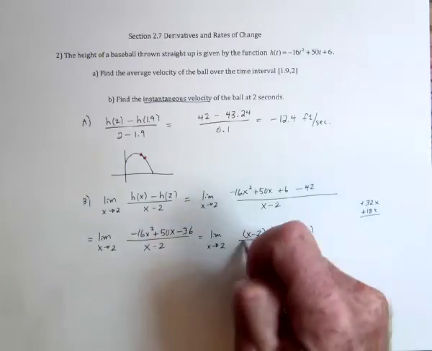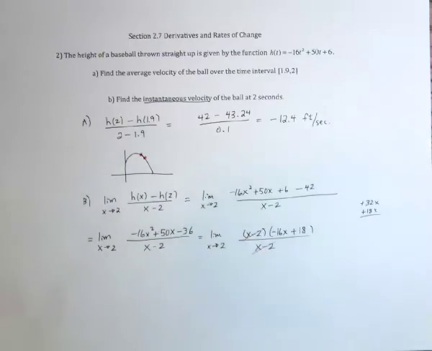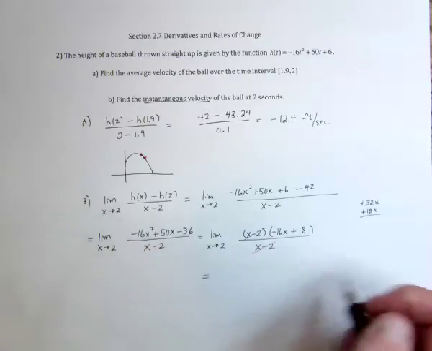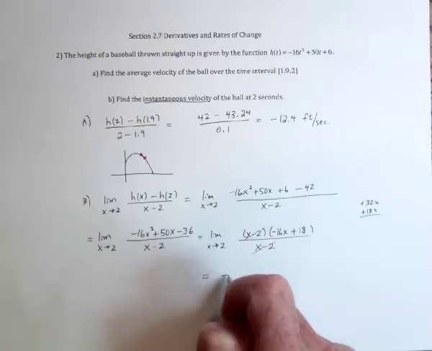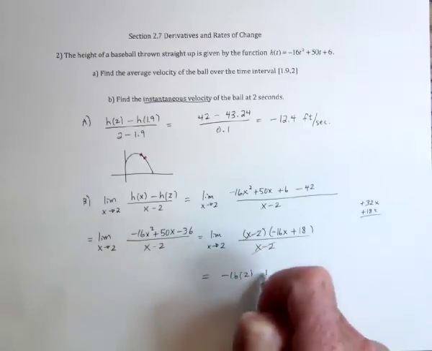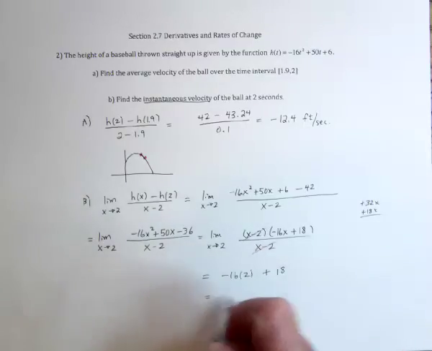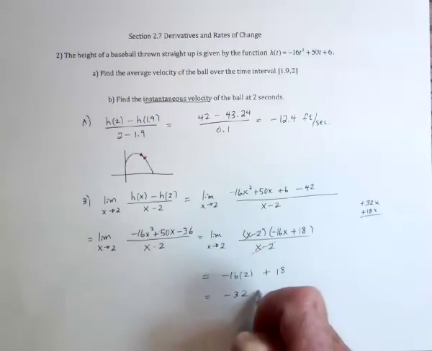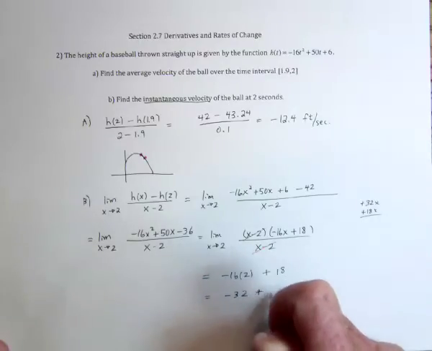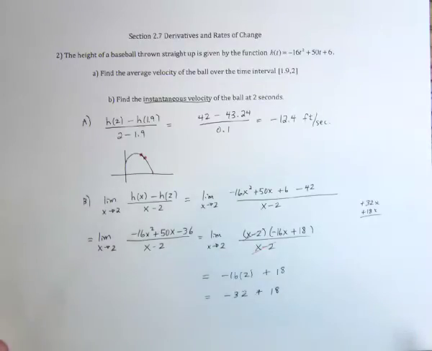So now we can cancel these factors, and now there's no more division by 0. Substitute the 2, so it's going to be negative 16 times 2 plus an 18. And so the final answer seems to be negative 14 feet per second.